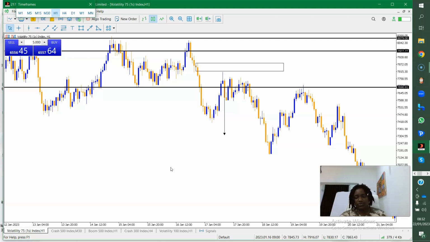But I'm just going to run you through the analysis and show you what I looked at in the market. One thing I want to remind you of is that I don't use indicators. I don't encourage using indicators, and I don't encourage my students to use indicators. I trade using pure price action, understanding the naked charts.